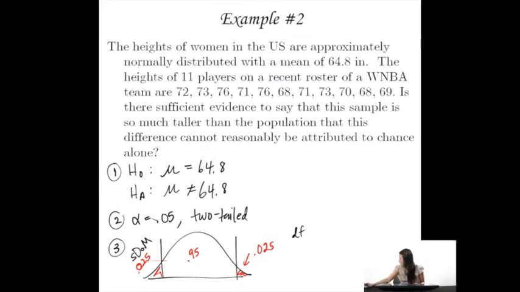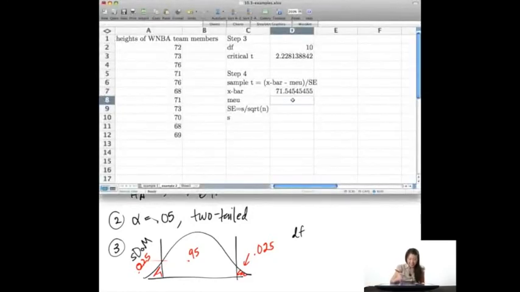To get my Excel back. All right, 64.8. And I need to get my standard error, but before I do that, I need to get S, standard deviation.